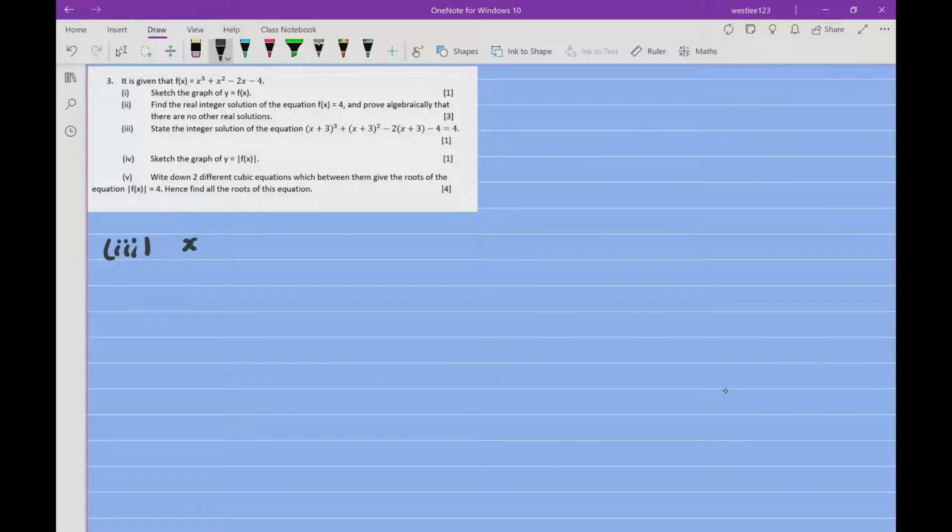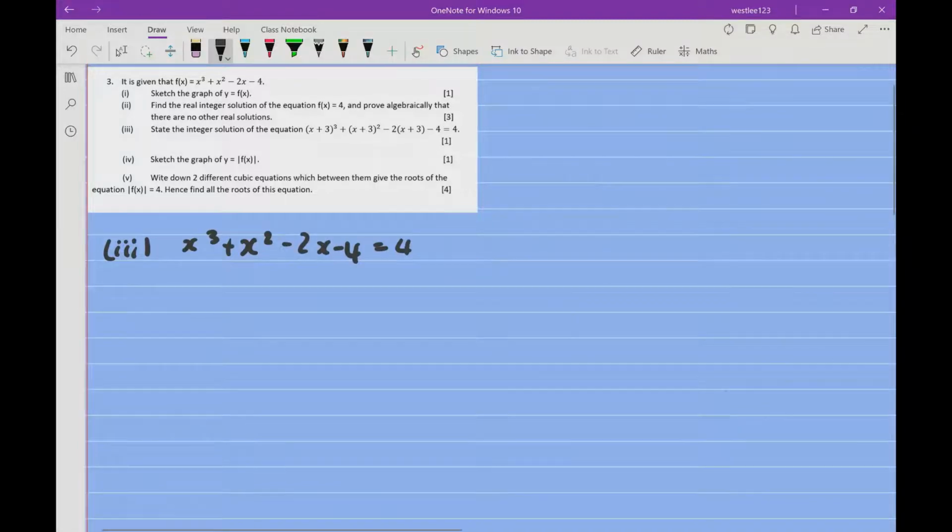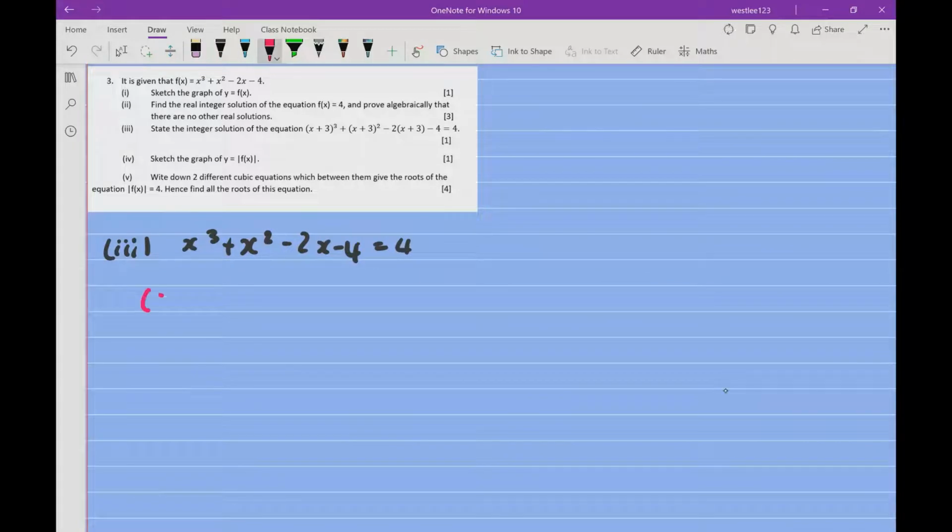If you compare and contrast the original equation with the new one, let me write it in another color, you realize that my original x has become x plus 3 in the new equation.